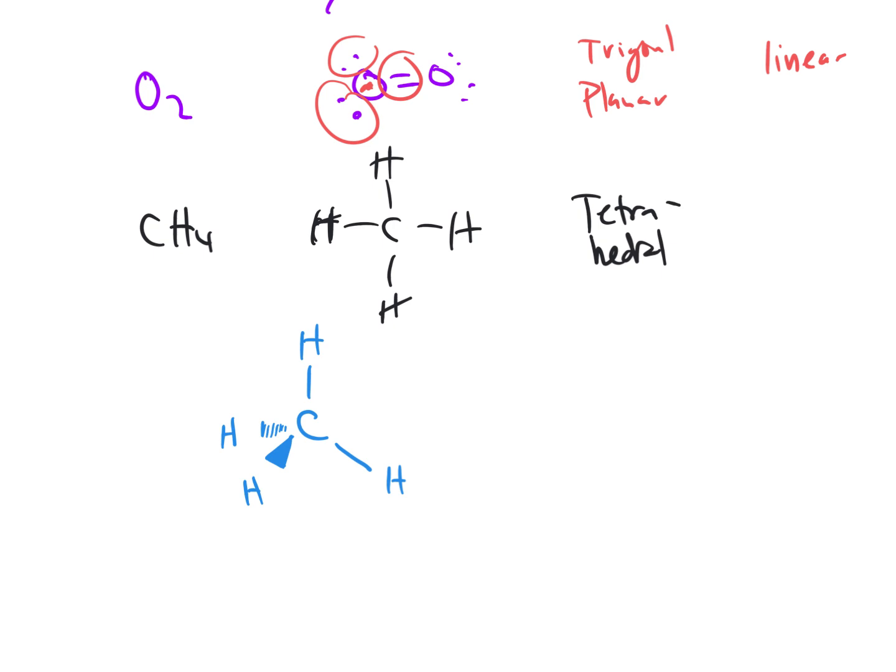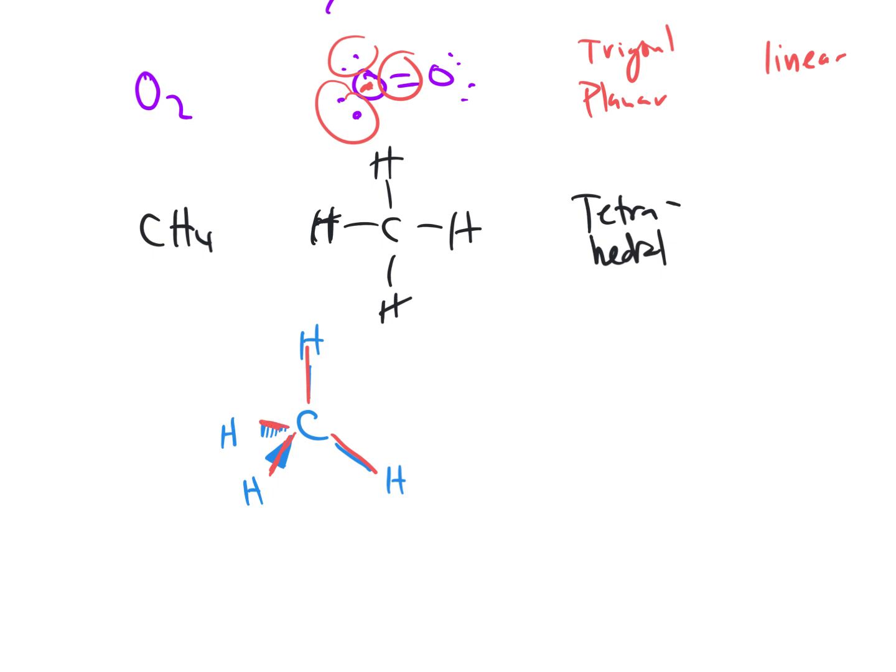Can you all see a 3-dimensional shape there? We got this one sticking straight up, this one in the same plane, this one coming out of the board. That's why it looks shorter. It's sticking out, pointing out toward us.